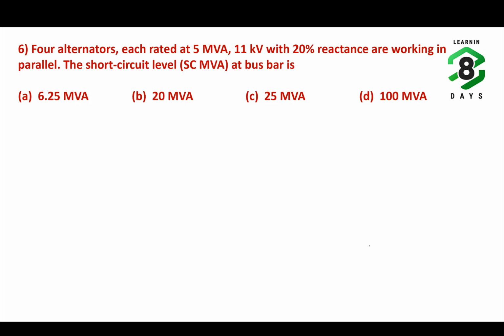Next question. 4 alternators, each rated 5 MVA, 11 kV with 20% reactance, are working in parallel. The short circuit MVA at the bus is? So what is it telling?